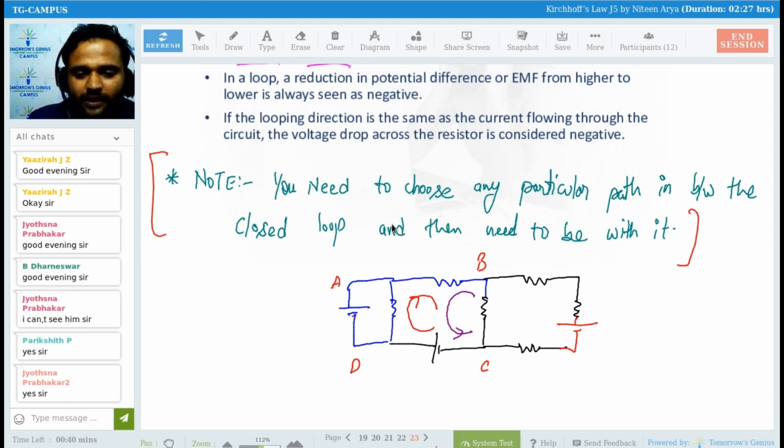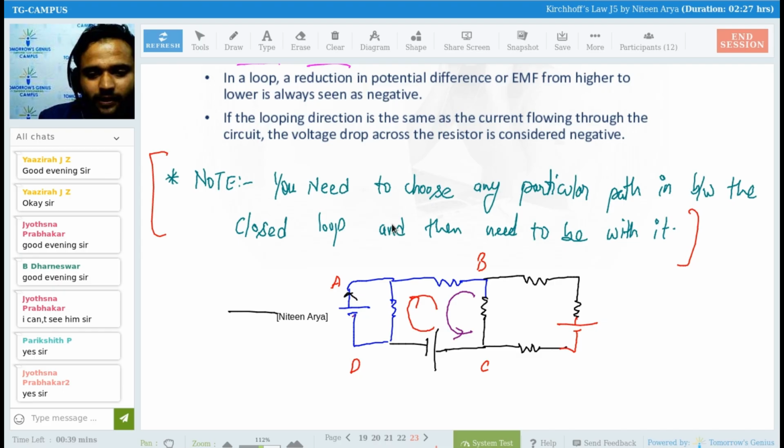But if they are connected in the opposite direction, I'll do that for you guys. If they are connected in the opposite direction, then what happens? In choosing the direction, you need to follow the positive and negative potential difference also. Like if you choose this particular anti-clockwise path, both things are going to be negative. Why so? Because you are going from positive to negative, while your voltage is going from negative to positive.